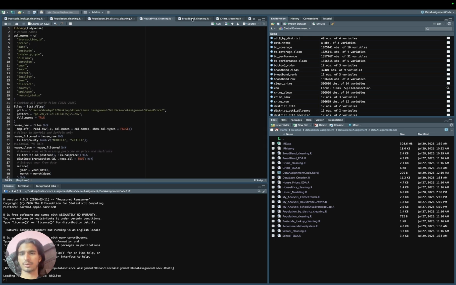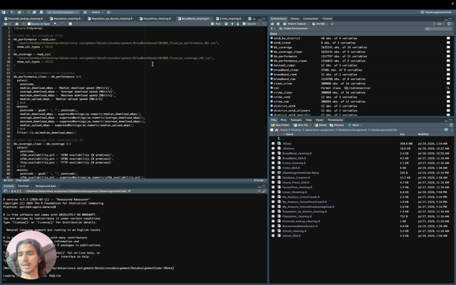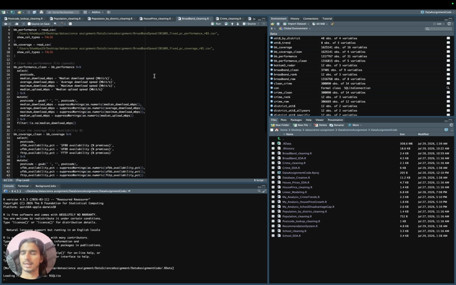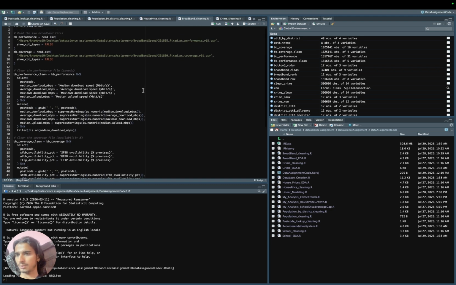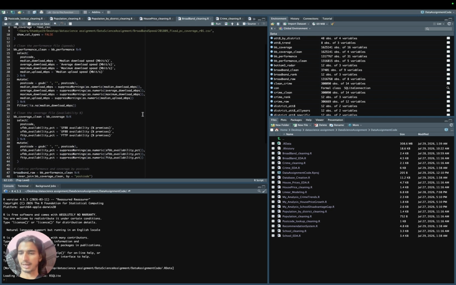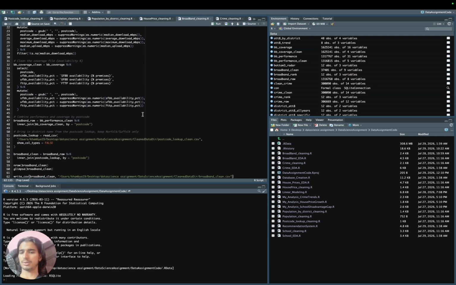And for the broadband cleaning, I kept only the columns that I actually needed, like download speed, upload speed, and coverage. I cleaned up the postcode in these files and matched each record to each district using the lookup table.